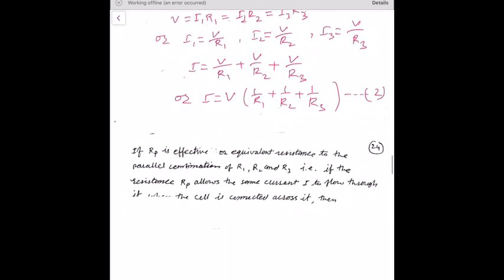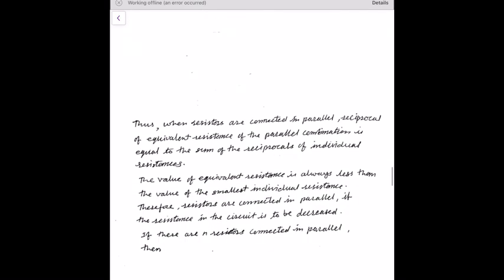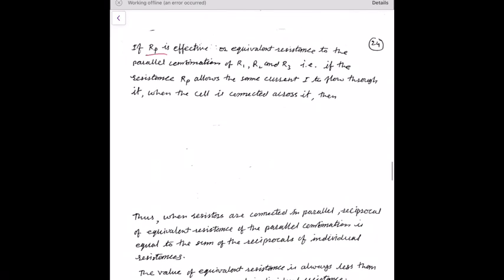It is equation second. If Rp is the effective or equivalent resistance of the parallel combination of R1, R2 and R3, that is, if the resistance Rp allows the same current I to flow through it when the cell is connected across it, then V equal to I Rp, or I equal to V upon Rp.